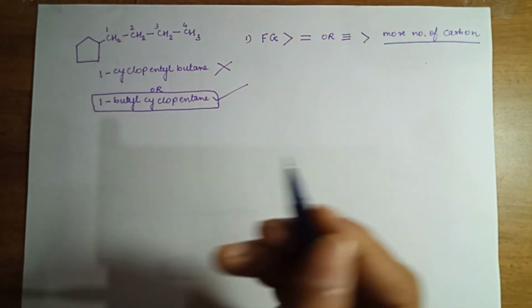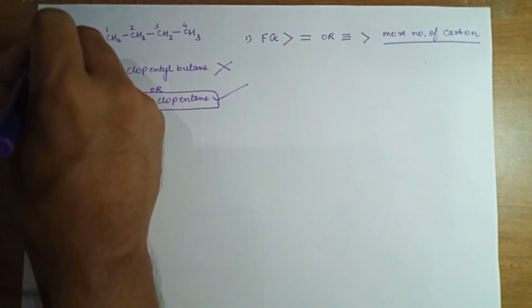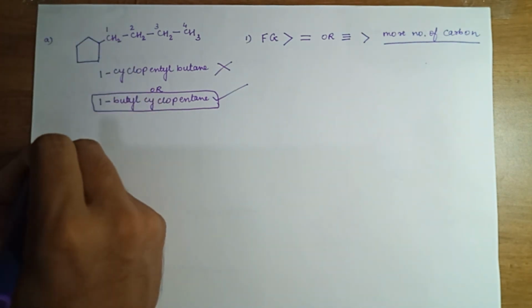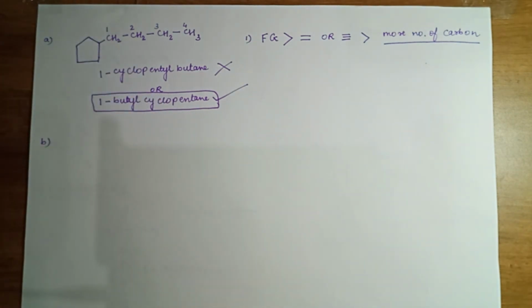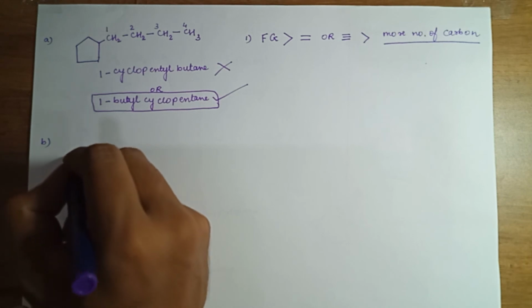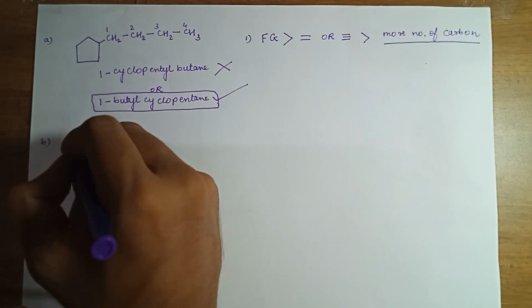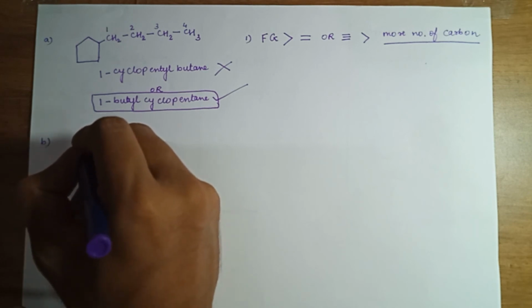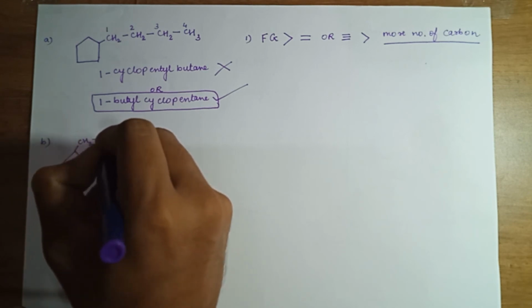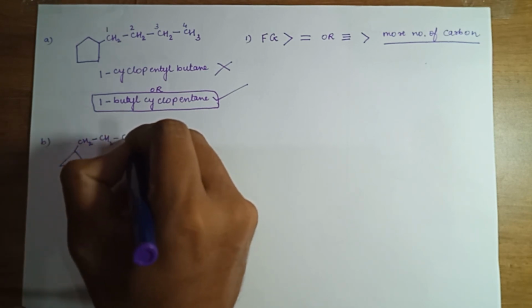The second case: what if both the linear as well as cyclic are same? Means the number of carbons present in the cyclic as well as in the linear are same. We will see CH2, CH2 and CH3.